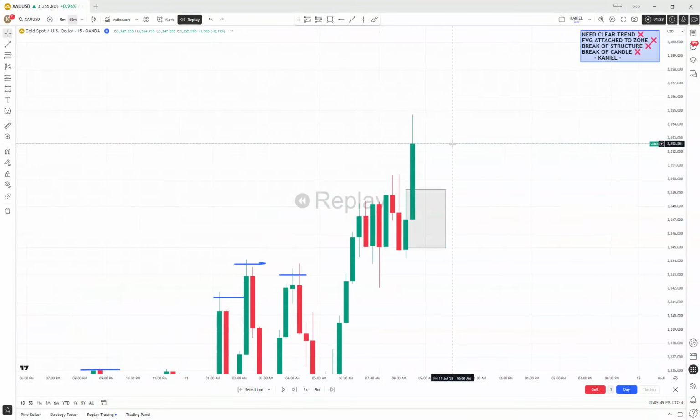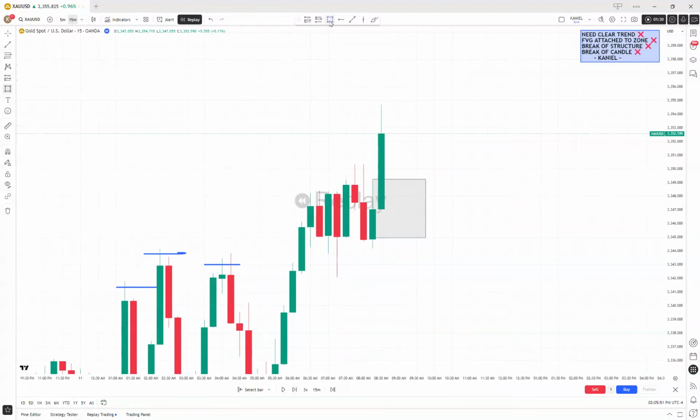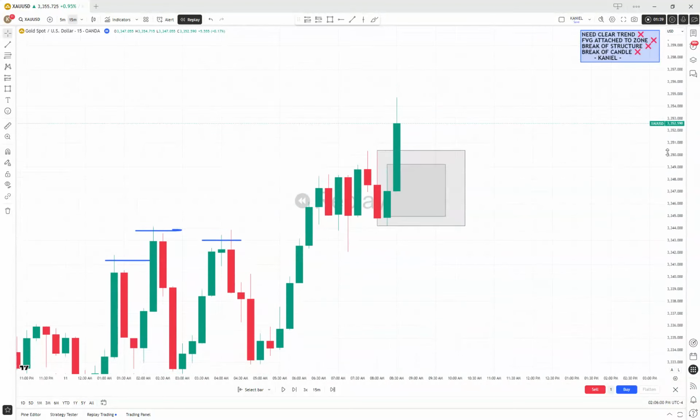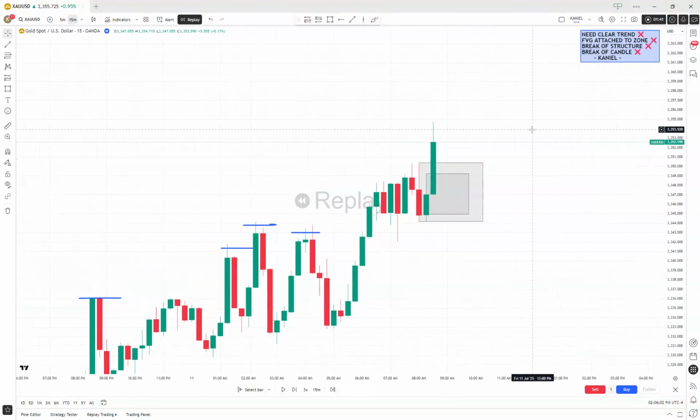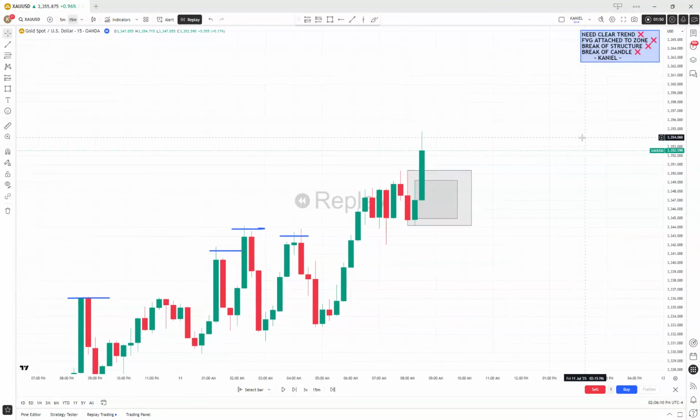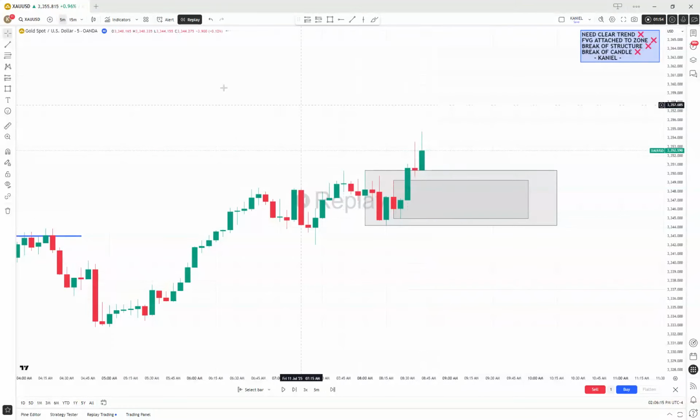Also, a 15-minute demand was right there as well. We can never know which demand price will come back to on top. We just need to know that all our confluences are on the chart and visible, and we just gotta pick a zone.